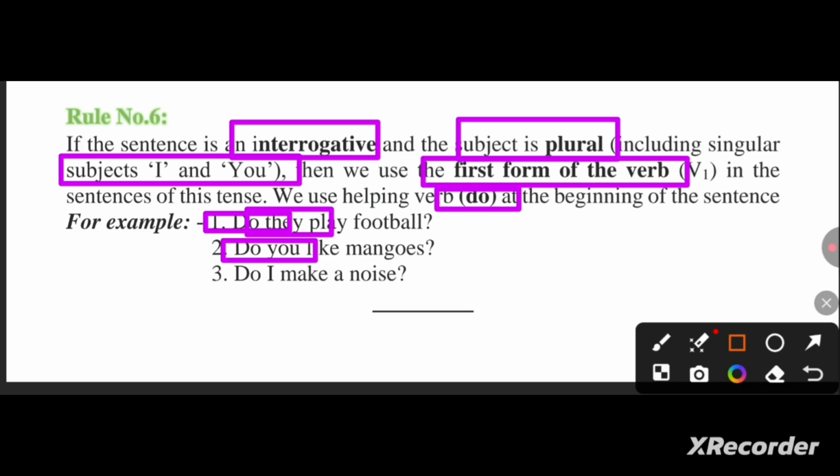Similarly, in the third sentence, do I make a mistake? Here the subject I is a singular one, but we have to use the rules which are used for the plural subjects.